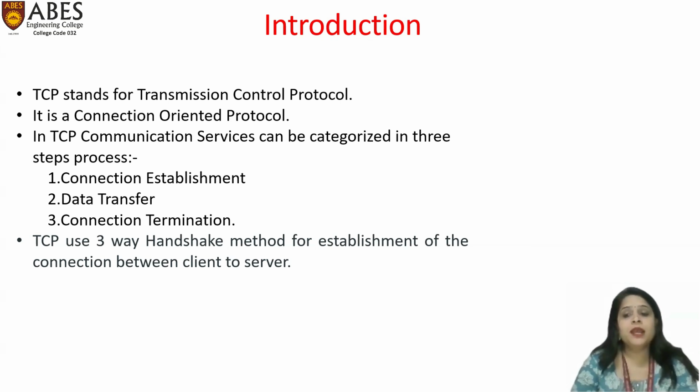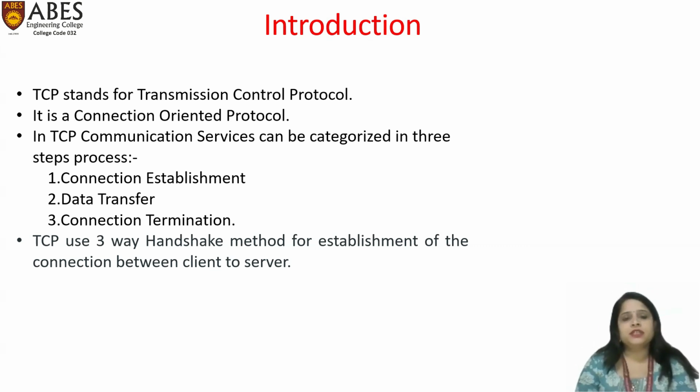Whenever we want to send data using the TCP protocol, before transmitting the data, first we establish the connection between client and server. After establishing the connection, we'll transfer the data from client to server or server to client, both. And at last, whenever client and server don't have any more data left for transmission, then we'll terminate the connection between client and server.